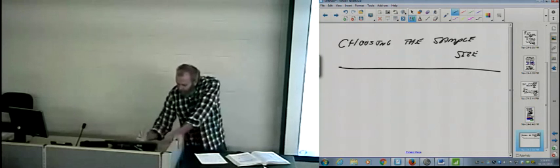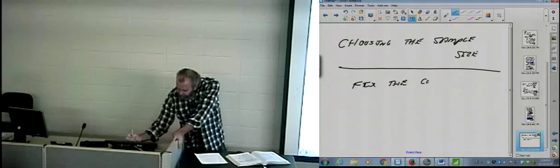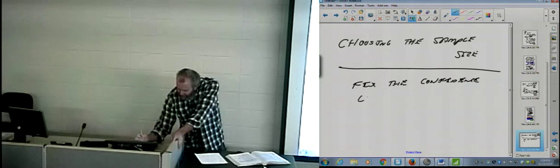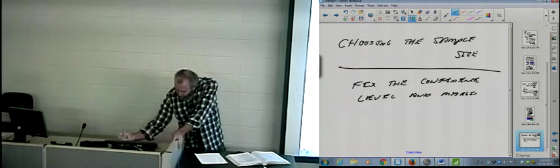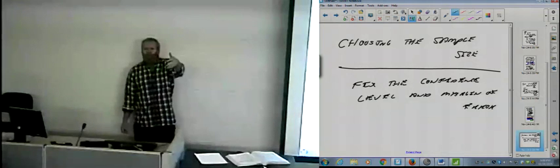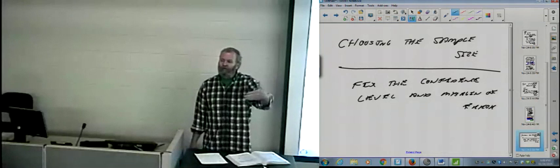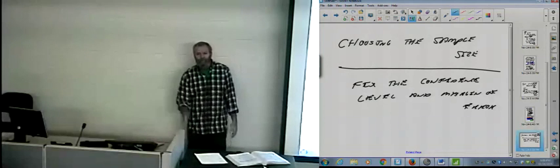We fix the confidence level and margin of error, just like before. Remember before, somebody wanted you to choose a sample size because you wanted to calculate a confidence interval. You want to do it at this confidence level and you wanted to produce that margin of error, and we had a formula for choosing the sample size that would do that, right? I want to do the same thing here.